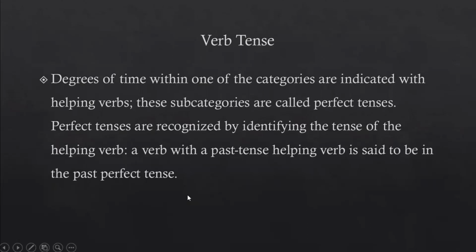Okay. Has, have, things like that. And you can tell if it's a past perfect or a present perfect verb by looking at that helping verb, right? So a verb with a past tense helping verb, regardless of what the verb itself is, if that helping verb is past tense, then it's a past perfect verb. Okay? Hopefully that makes sense.